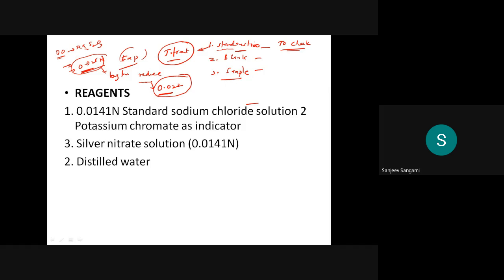Most of the time we say the titrant is correct as prepared, but after 15 days, 20 days or one month the concentration reduces, and we will not know by how much. To determine that, go for standardization, which checks the concentration of the titrant after keeping it for some time.